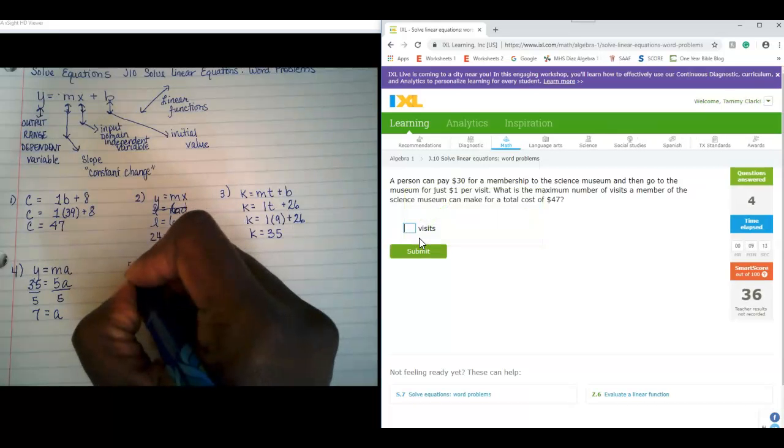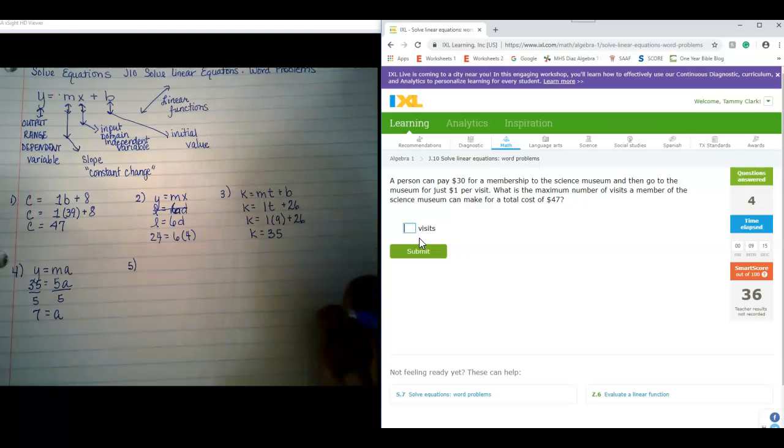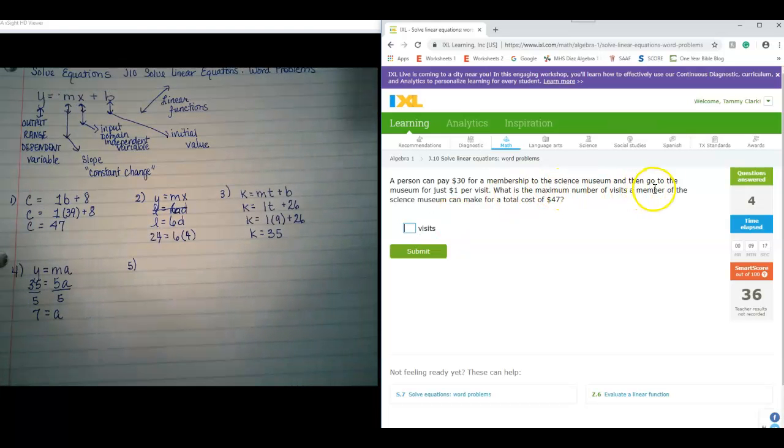Let's look at number 5. A person can pay $30 for a membership to a science museum and then go to the museum for just $1 per visit. What is the maximum number of visits a member of the science museum can make for a total of $47?